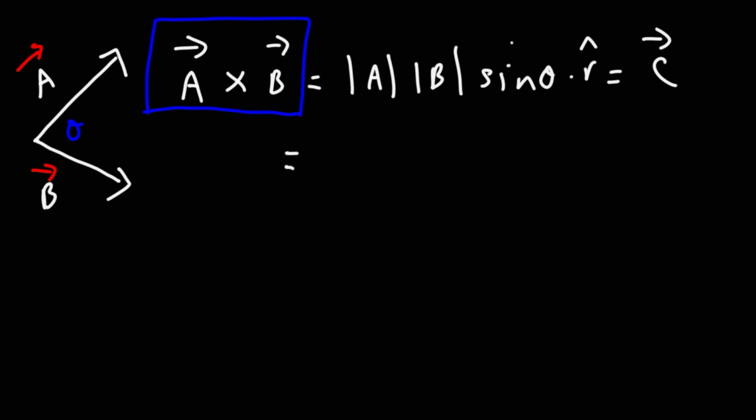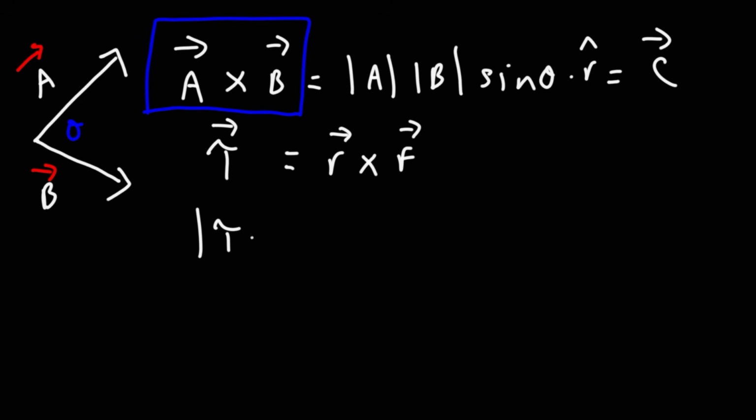Now, a good example of the cross product formula is the calculation of torque. So torque is the cross product of the lever arm and the force. R is the lever arm. Sometimes you may see L in certain physics textbooks.